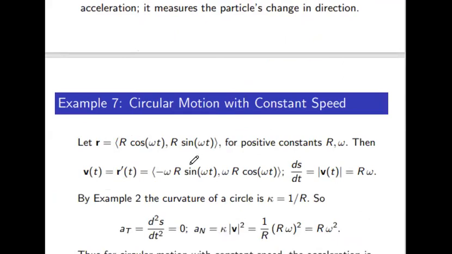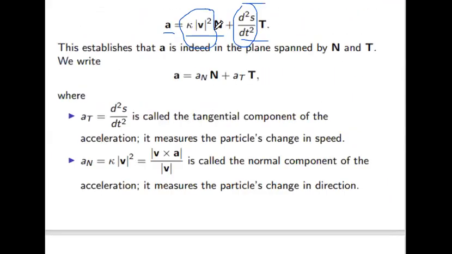If a particle is moving along this circle, then we can find the tangential acceleration as well as the normal acceleration. This is called the tangential component of the acceleration, and this is the normal component.